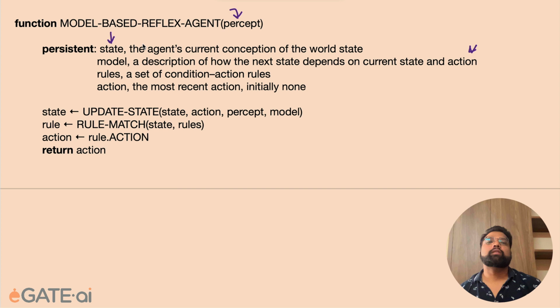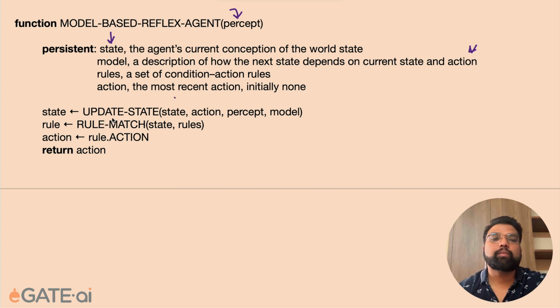The internal state of the agent also changes over time, so it has to maintain the most updated information about the world, and that is possible only if it has an idea of what action it has taken and how the world has changed because of the actions. That part we call the model.